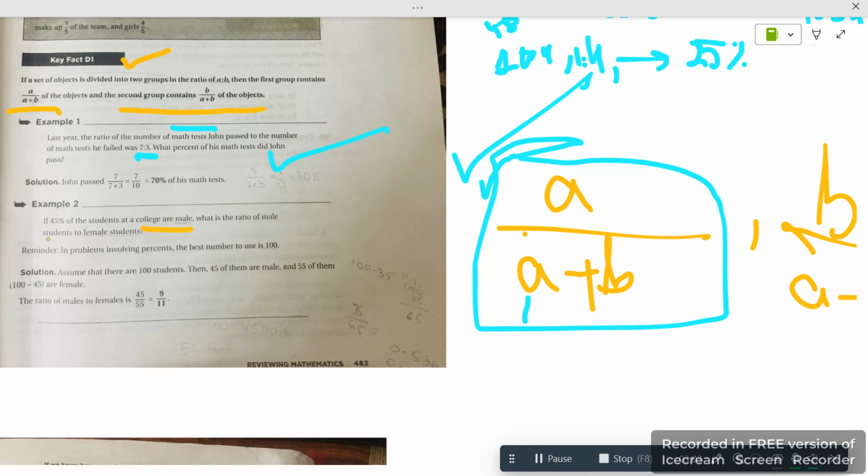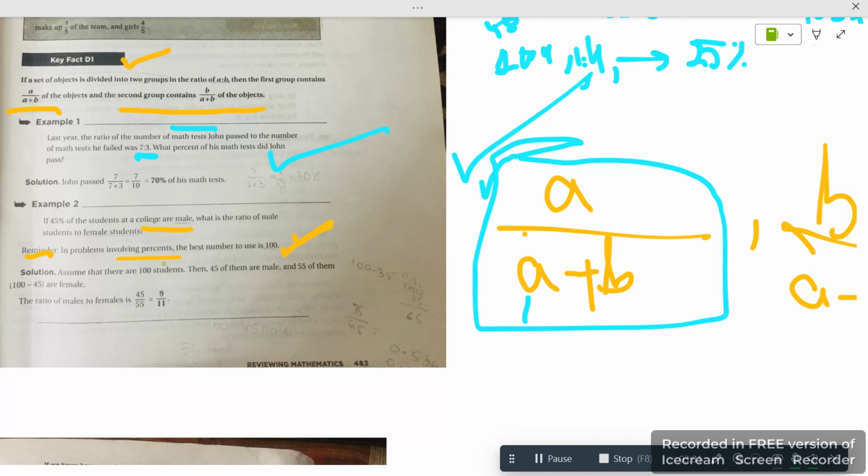There is one reminder given here: in every problem which involves percentage, the best number to use is 100. Everything related to percentage, we know the word percentage simply means hundreds. I have discussed the entire chapter of percentage in the playlist you'll find on my channel, and so we know 100 is the best number to use for everything related to percentage. So this is one reminder you are supposed to remember always.